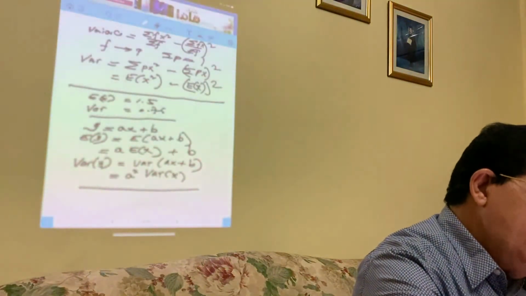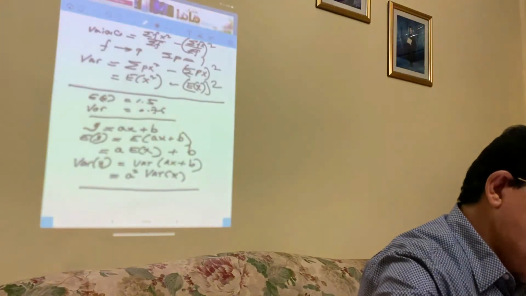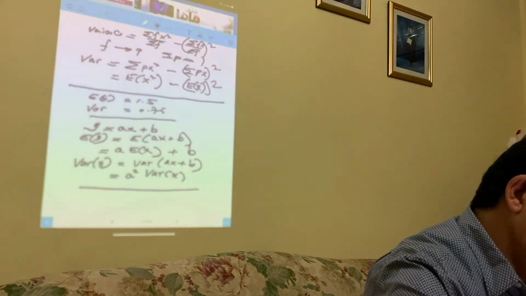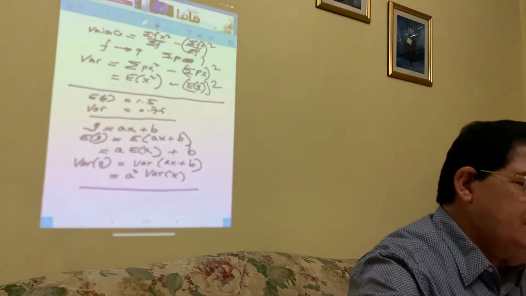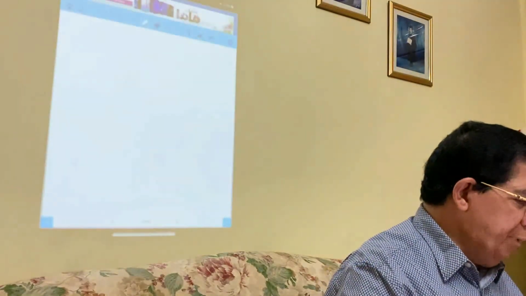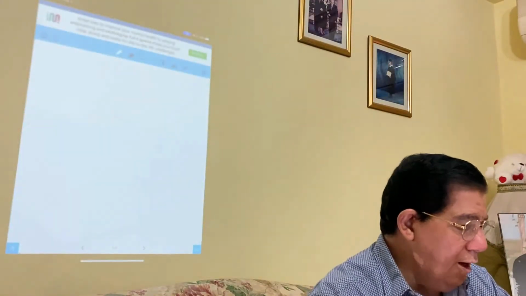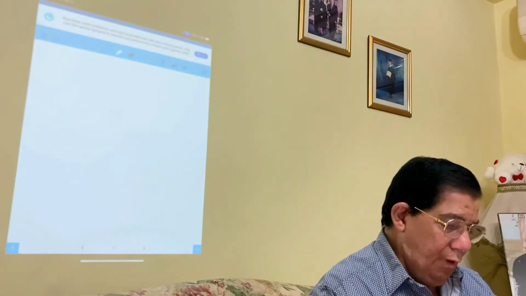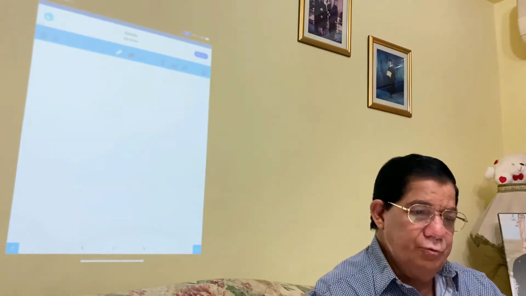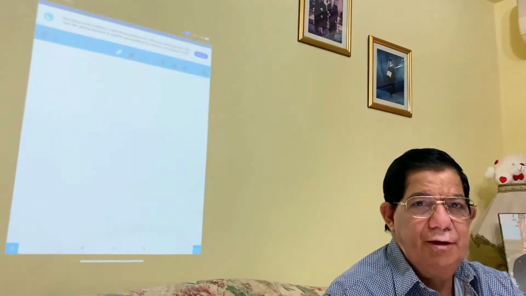We will take some more examples. Let us have another example. A tetrahedral die has 4 faces: 1, 2, 3, 4. The die is a biased die.